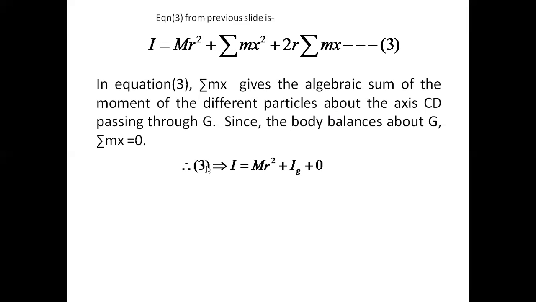Substituting all the conditions, what we will get is equation 3 reduces to I is equal to M r square, but sigma m x square is equal to Ig, plus this term which is equal to 0. The last term will be equal to 0.